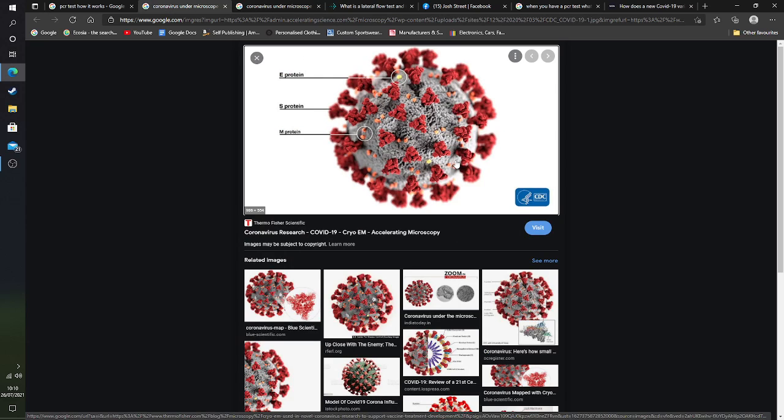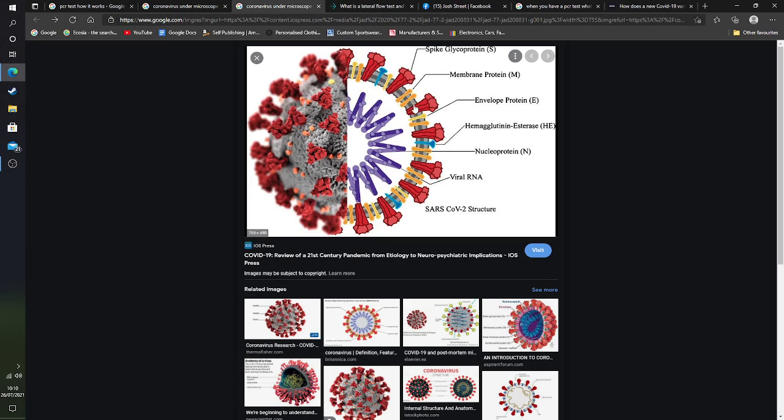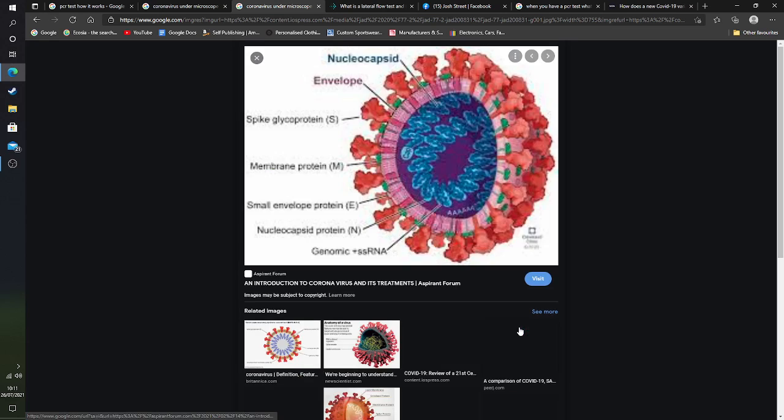You have a spherical shape with the M protein and E proteins on the surface, and the S protein, which is the spike protein, coming up from the surface. So like I say, the spike protein, membrane, E proteins, and then obviously in the core you have the nucleoprotein, which has the viral RNA within it.